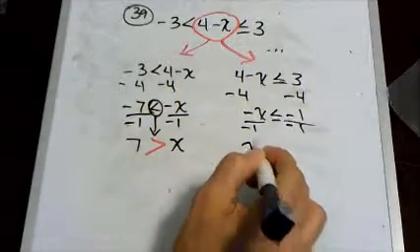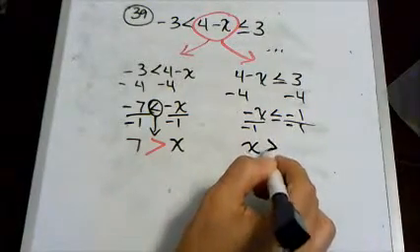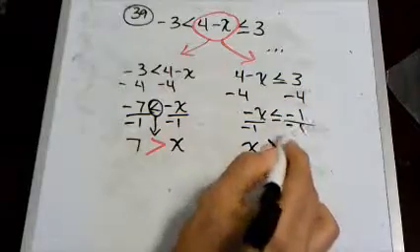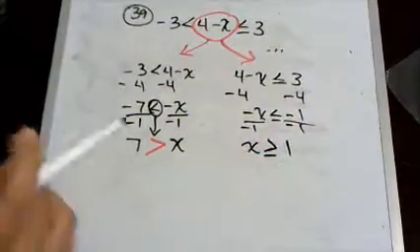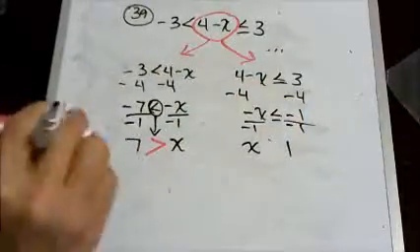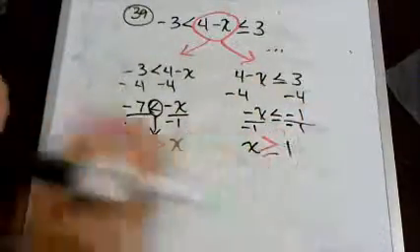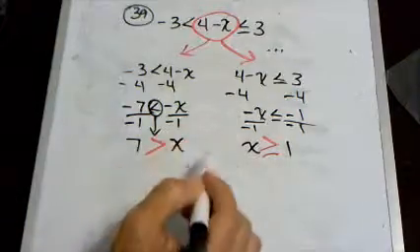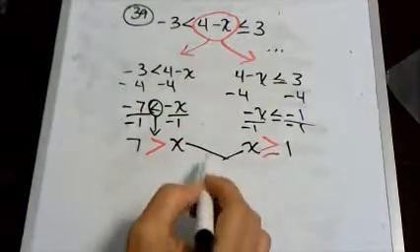So this will make that x, change it this way. -1 divided by -1 is a +1. Okay, so make sure that you change these signs because you divided by a negative. So now we're going to rejoin forces.